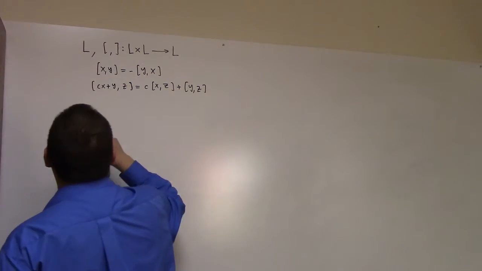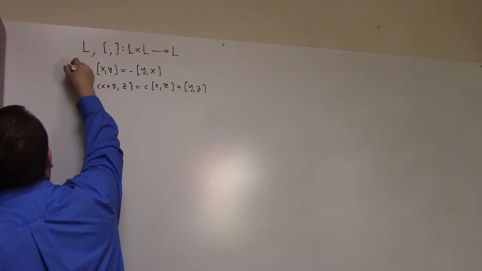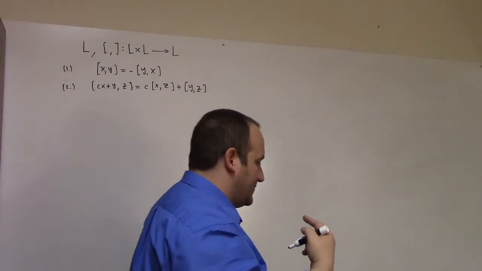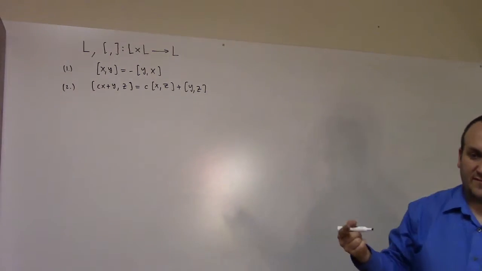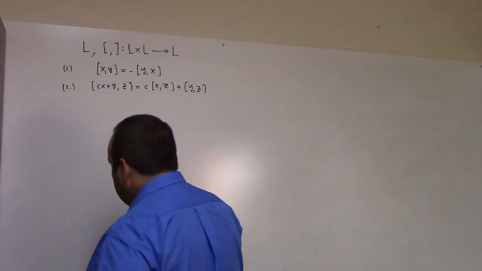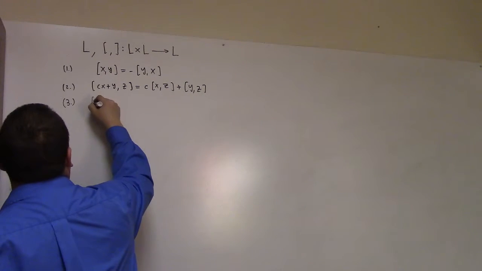All right. And then the other, so skew symmetric. This implies bilinearity, because if you have linearity in the first slot and you have antisymmetry, you can transfer linearity to the second slot. So without loss of generality, I can say skew symmetry, bilinearity, and then the thing that makes it an honest to goodness Lie algebra, and not just some multiplication or whatever, is this somewhat technical but important condition called the Jacobi identity.